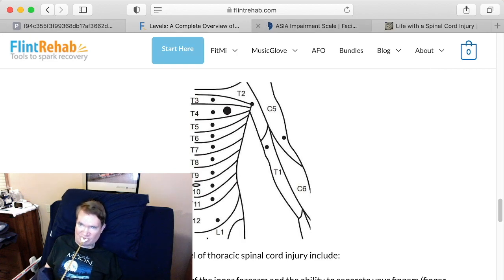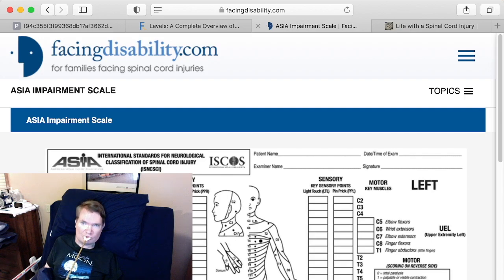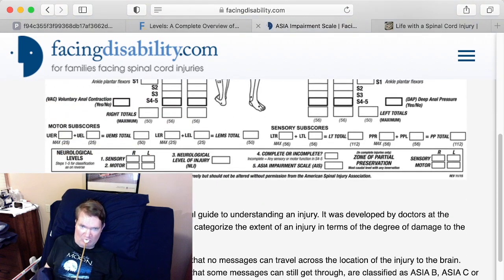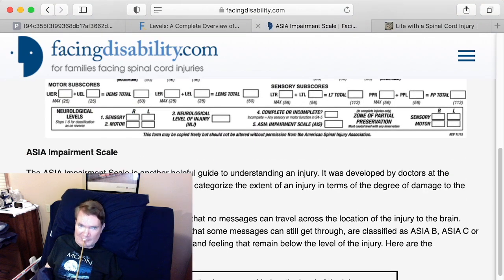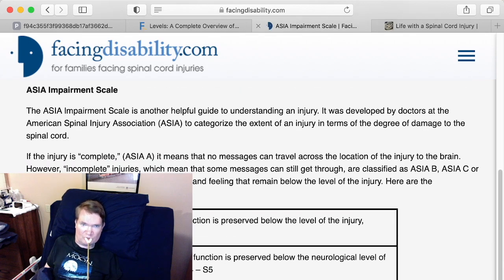Now, this has nothing to do with China or Europe or any location, not necessarily Asia. So, looking at this chart here at facingdisability.com, the Asia scale is the American Spinal Injury Association scale that allows more of a way to classify things.